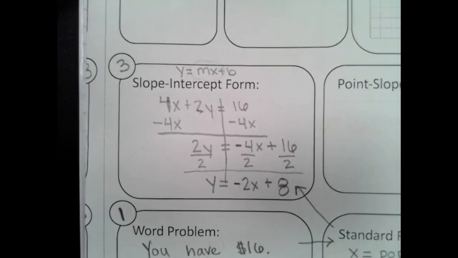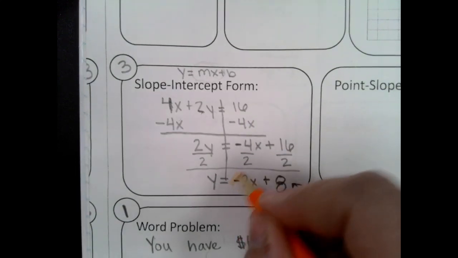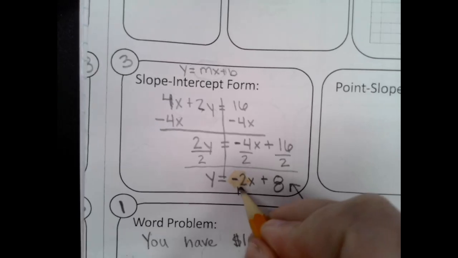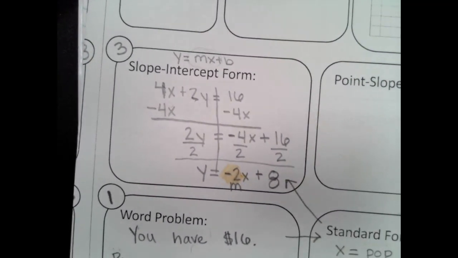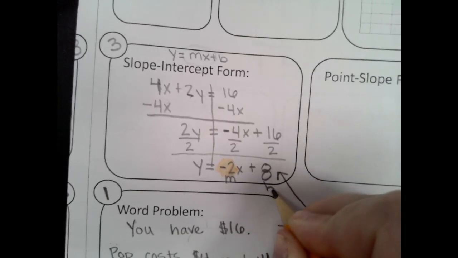All right, so what is my m? What is my slope? Negative 2 is my slope. And what does 8 represent? B, which is the y-intercept.